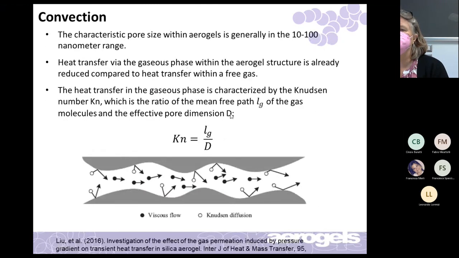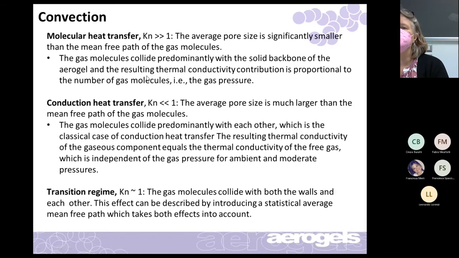So if I increase this, I'm more in this molecular heat transfer range. If your Knudsen number is very small, you're in what's called a continuum range, and so then you will have the properties of the gas, like the thermal conductivity of the air. But if it is in the molecular region, that will be suppressed. It will be lower. You'll get a lower conductivity.